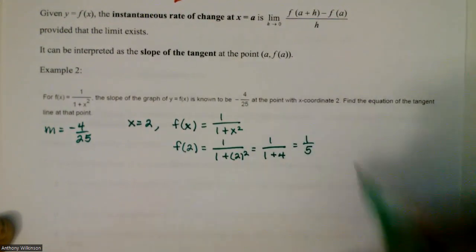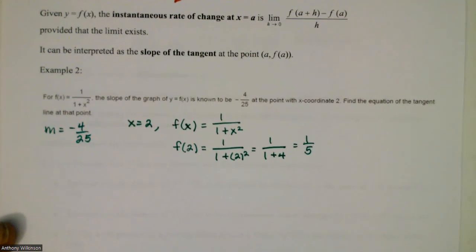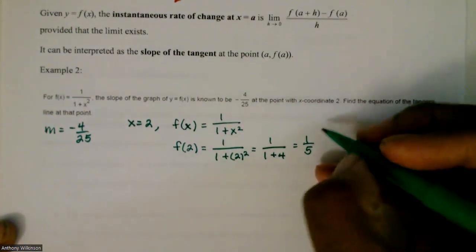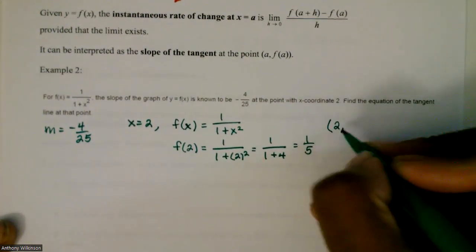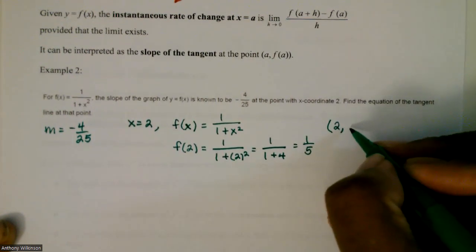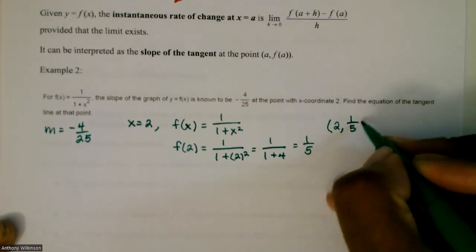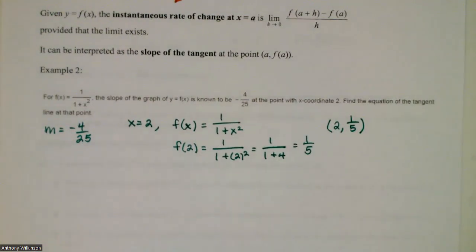So I have 1/5 as the y coordinate. So my ordered pair for that point would be (2, 1/5), and I know my slope is negative 4/25.